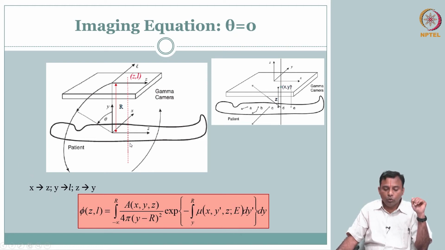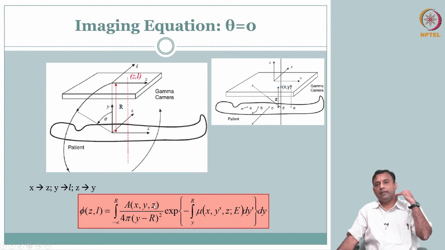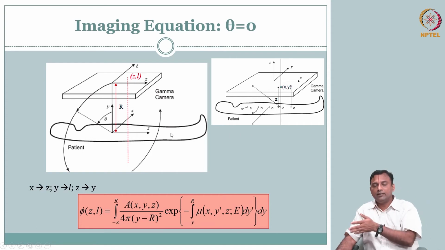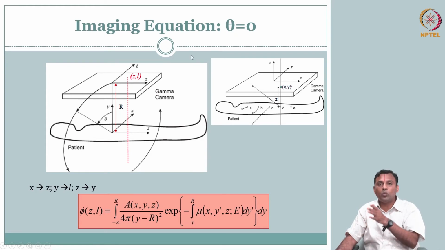So, what we need to do now is, our objective is eventually to get tomographic slices. That means A of X comma Y comma Z, I am not really interested in; each different slice is different. I want one SPECT image or PET image, I mean one slice.